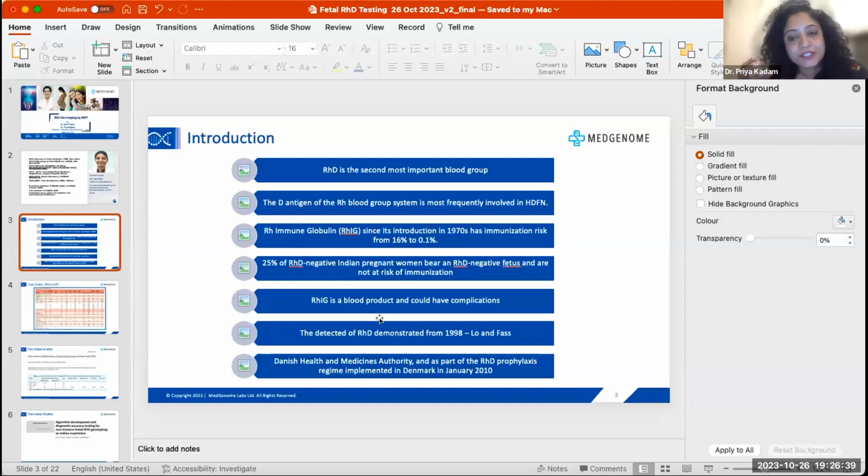And the application of NIPT was first demonstrated in testing Rh negative women. Several countries have done these analyses or cost benefit analyses, and some of the countries have now used it as a standard protocol.